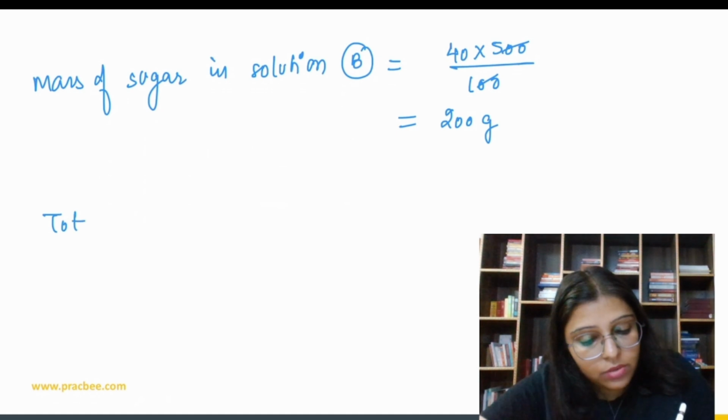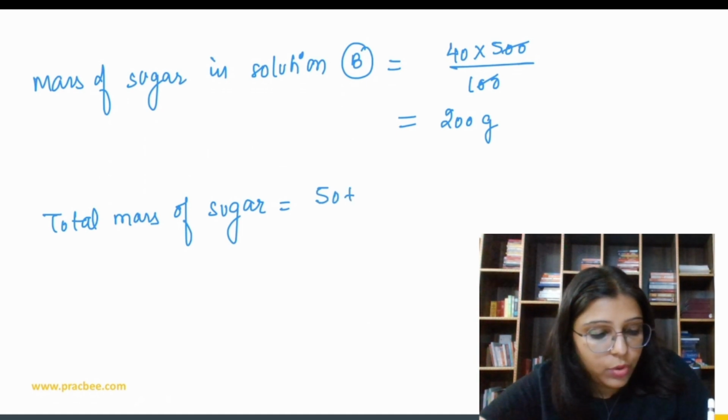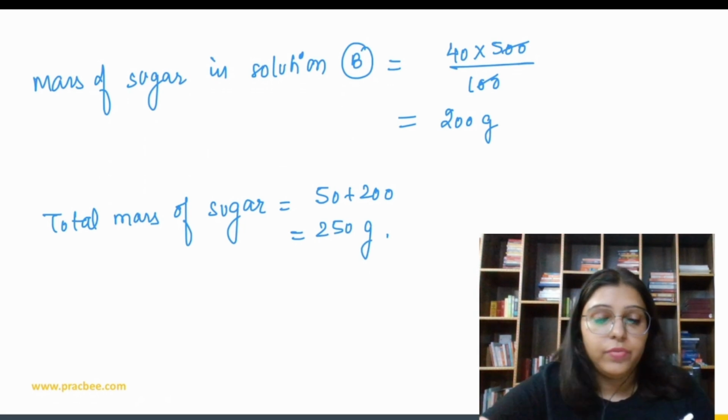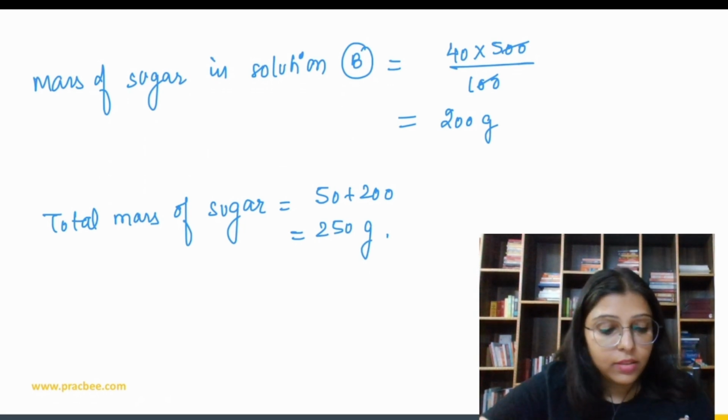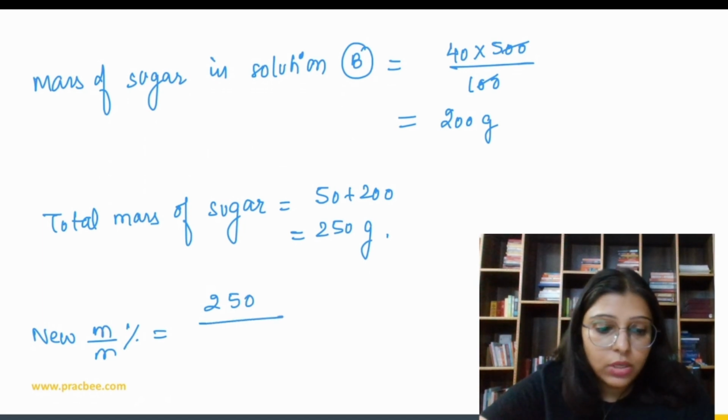So total mass of sugar is 50 plus 200, that is equal to 250 gram. Now new mass by mass percentage is equal to total mass of sugar, which is 250, divided by total mass of solution.